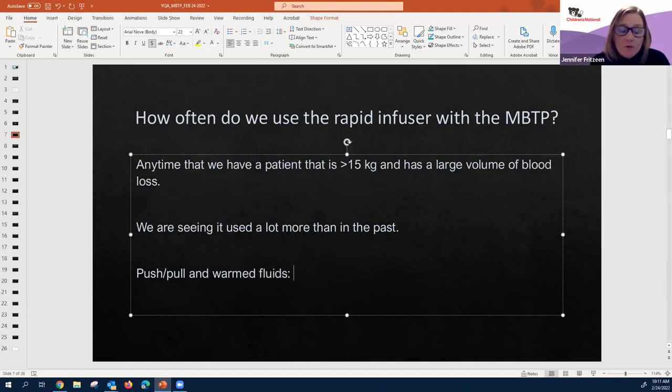The rapid infuser automatically warms your fluids, but for the volume that we just push in, we need to find a way to make sure we're warming it up, because a cold patient is going to be an acidotic patient. And as we increase our volume, we're not going to help our acidosis at all.